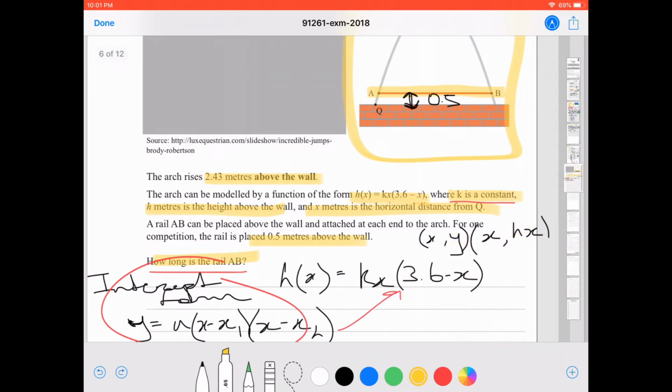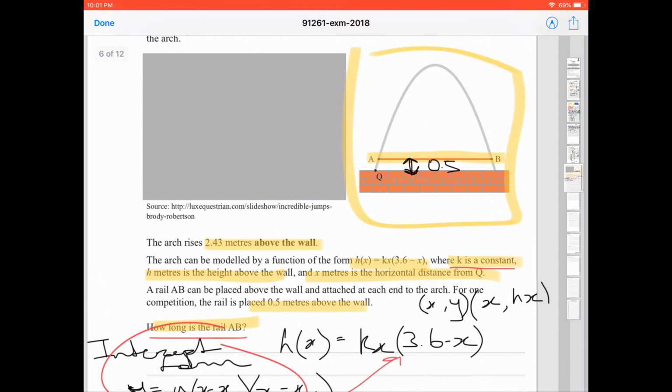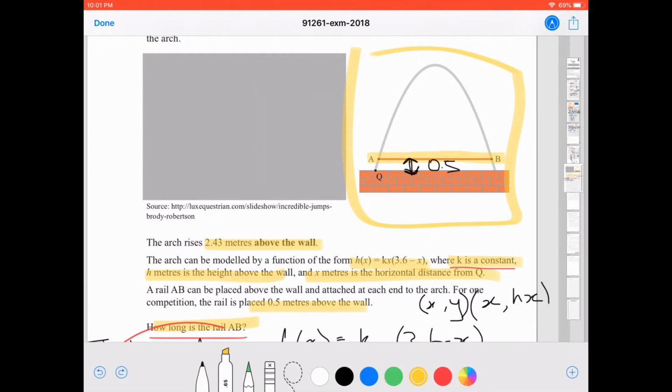Okay, and so let's pick a point on our parabola. We can say that because the arch rises 2.43 meters above the wall, that's basically our highest point. So we could draw a line like this, and here the height of this point is 2.43.